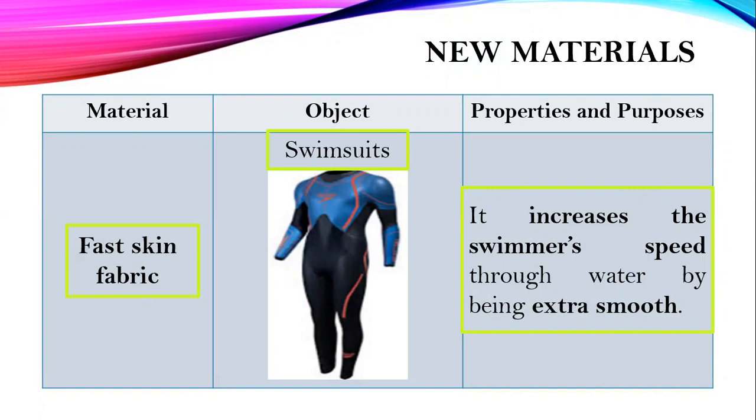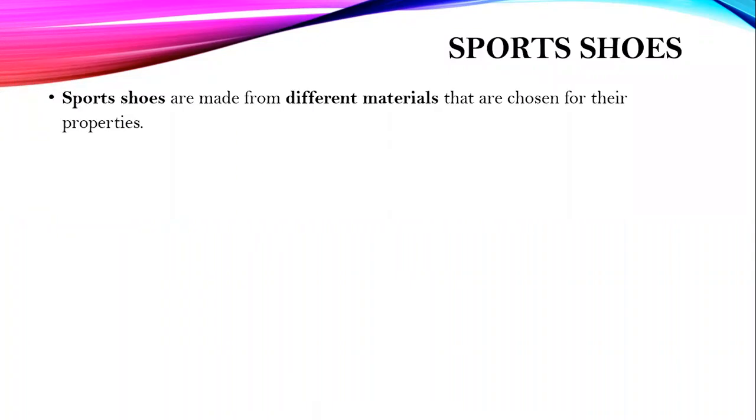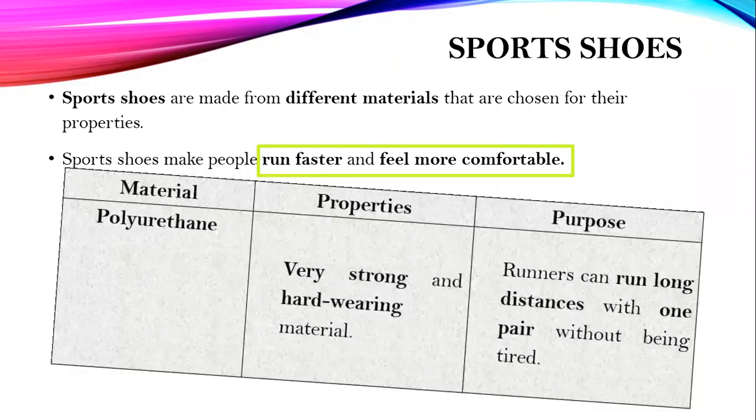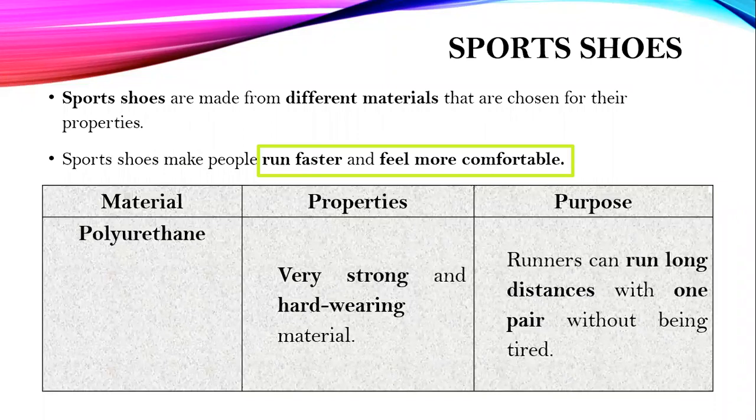While we are talking about sports, can you imagine sport shoes? Sport shoes are made from different materials that are chosen for their properties. Sport shoes make people run faster and feel more comfortable. The most popular material used in making sport shoes is polyurethane.